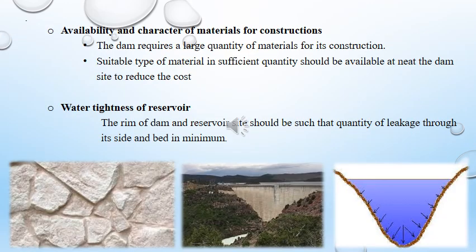The other factor is the availability and character of materials for the construction. The materials required for a particular type of dam should be available nearby without requiring much transportation. So, this would very much reduce the cost of construction.